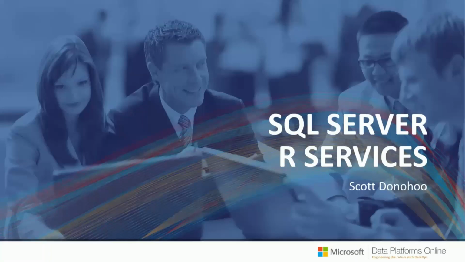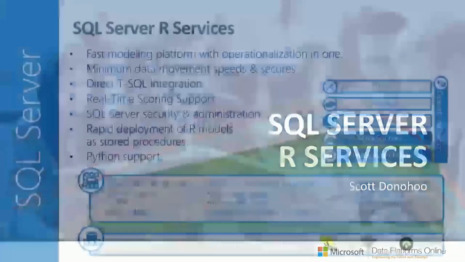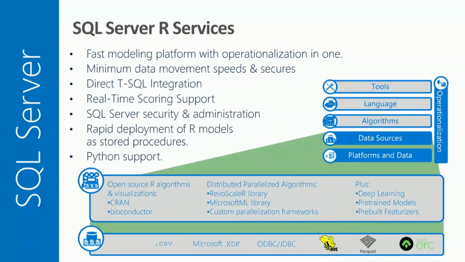So I want to talk about one of those platforms on the right from the previous slide, because it's a little bit different from our server behavior and all of the other platforms, and that's our SQL Server R Services. In SQL Server 2016, we introduced R Services.